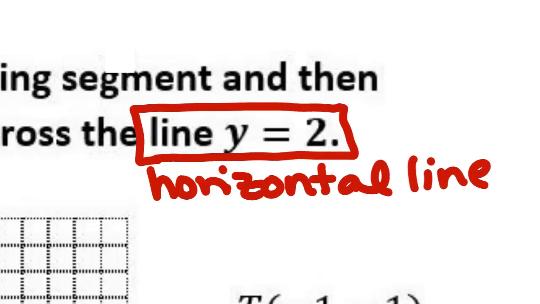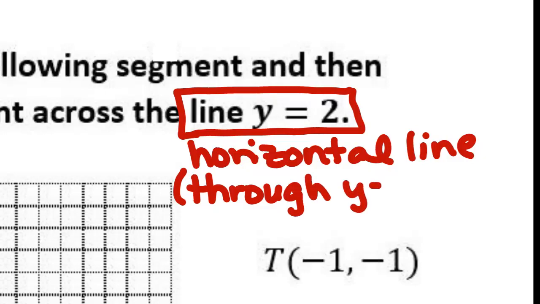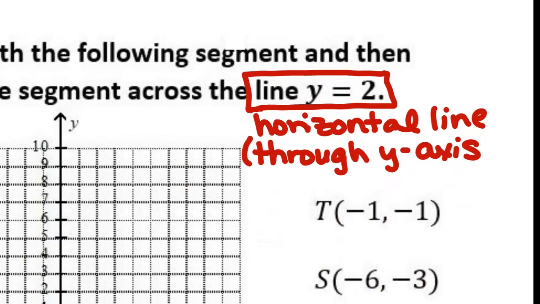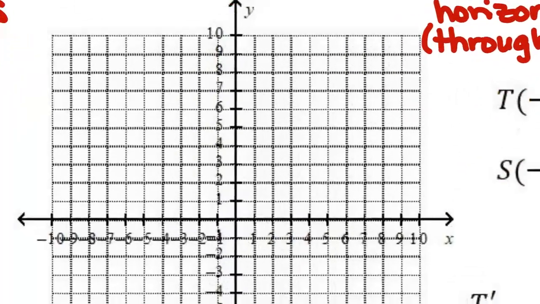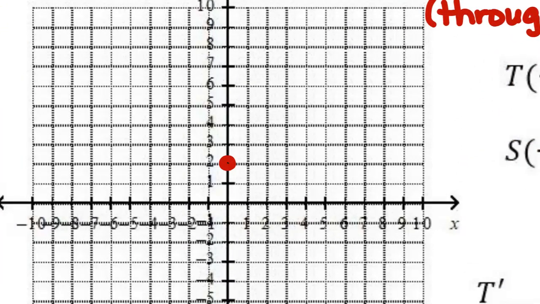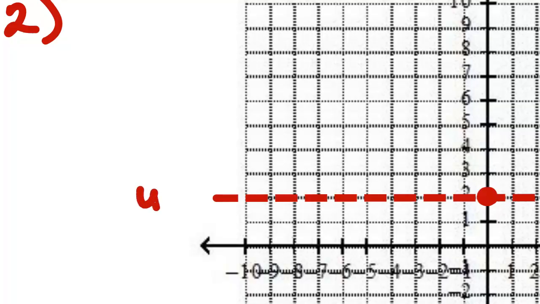This is a horizontal line through the y-axis at 2. So I'm going to find 2 on the y-axis. That's right here. And I'm going to draw a horizontal dashed line through that point. This is y equals 2.